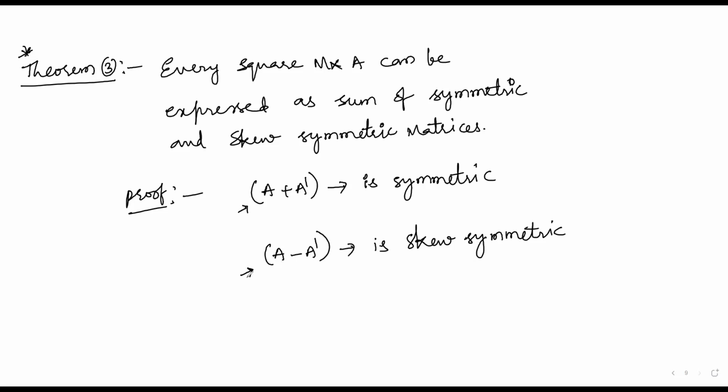I am getting 2A, but what I should get is A. So what should we do then? Divide by 2.